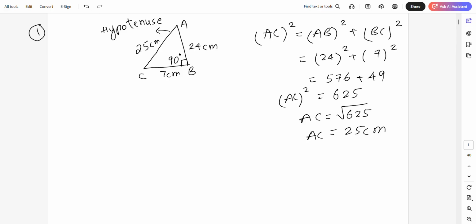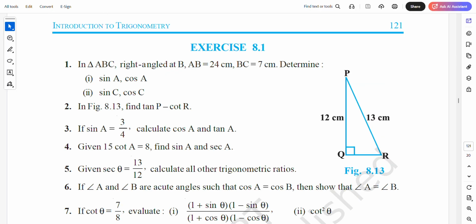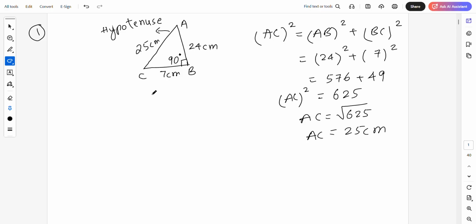Now what we are supposed to calculate? We are supposed to calculate sin A and cos A. Before we calculate sin A and cos A, in general, I will teach you how to write sin theta, cos theta and tan theta. Just remember this one: Papa, BD, POG divided by ha beta.